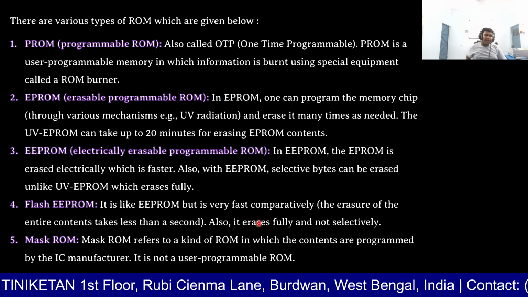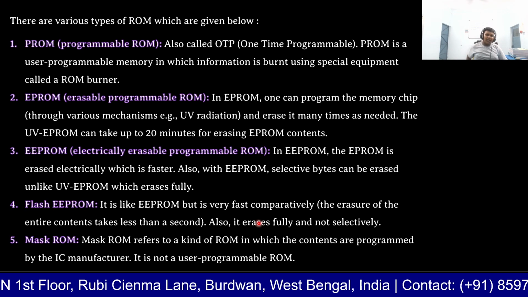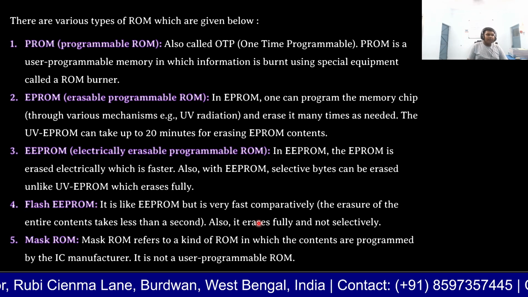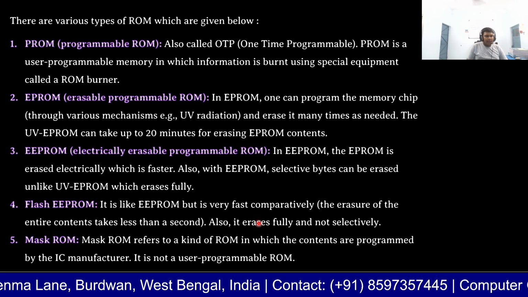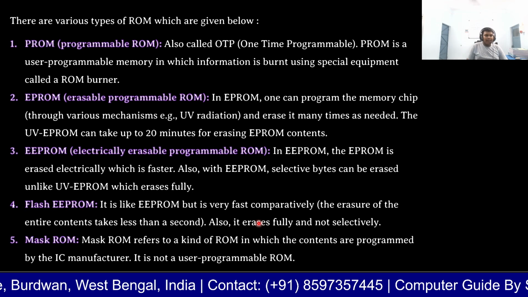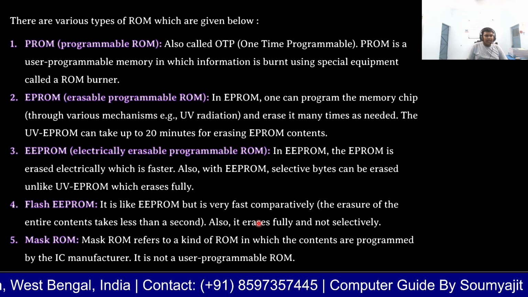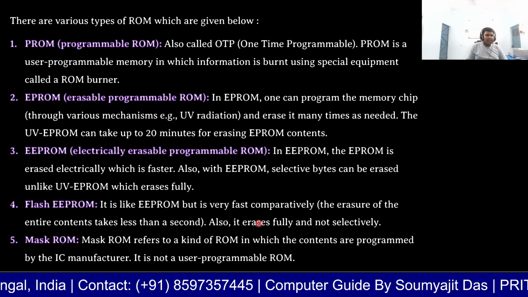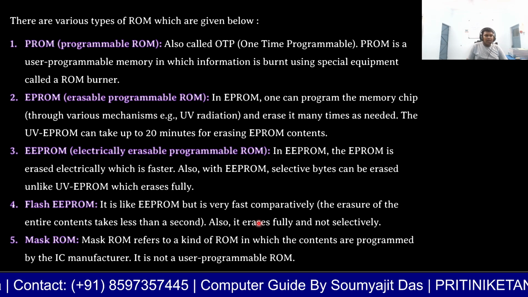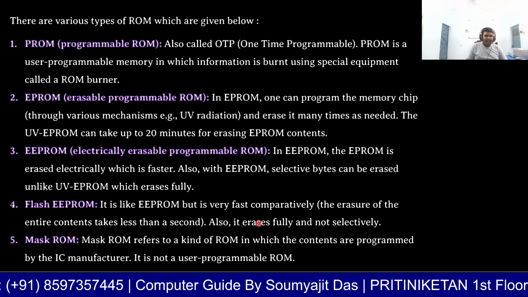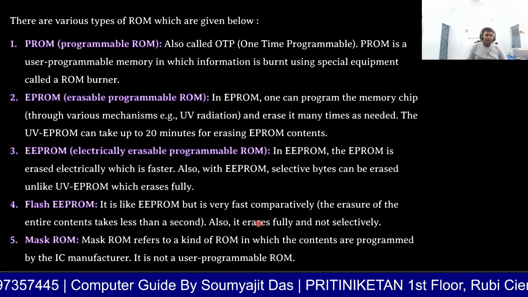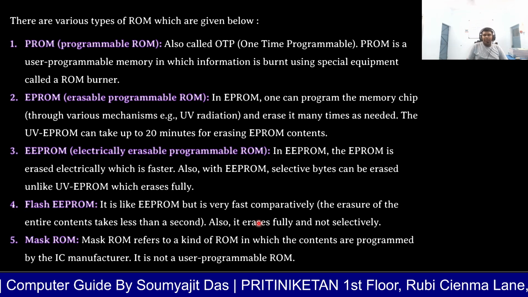It took 20 minutes to erase the EPROM content. Then EEPROM, electrically erasable programmable ROM. In this one, it is erased electrically, which is faster. Also, selective bytes can be erased, unlike the EPROM, which fully erases. You can program it.